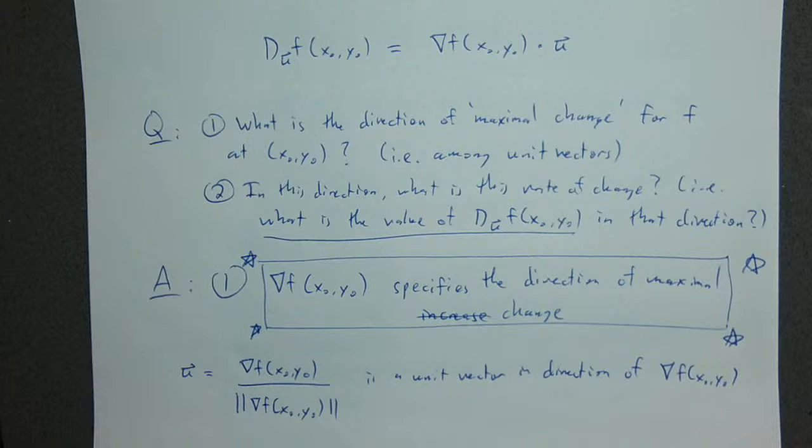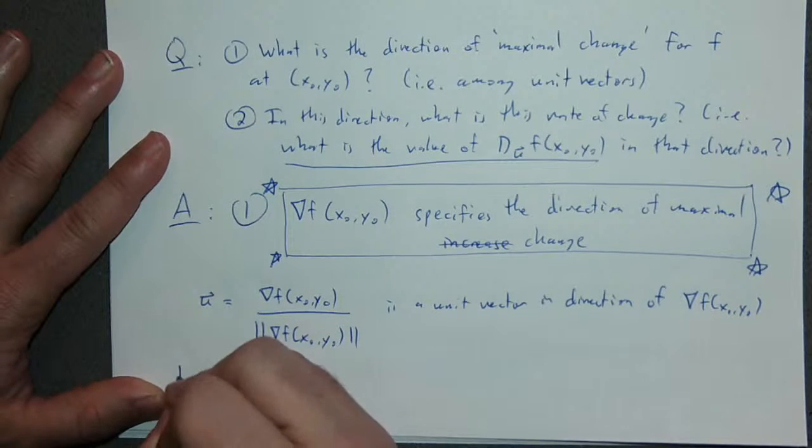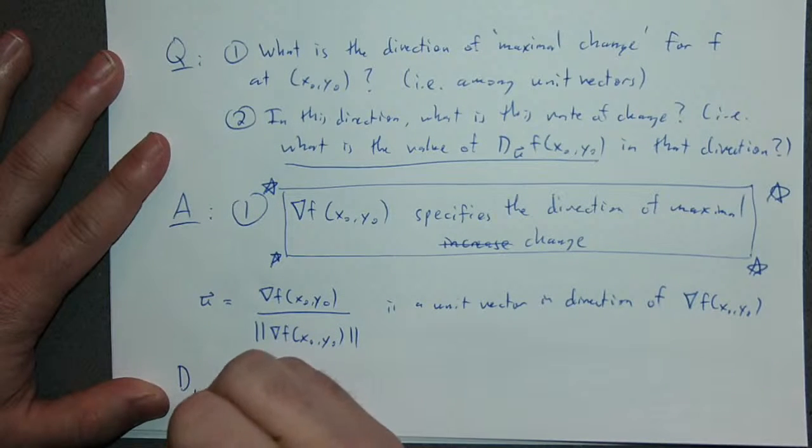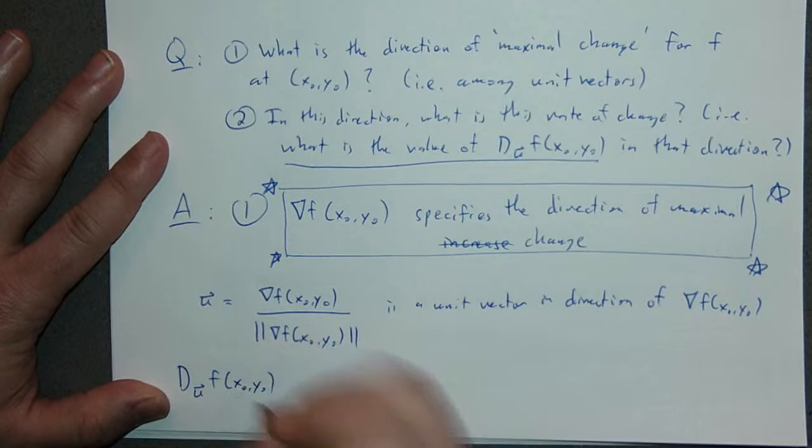Which means I can compute the directional derivative in this direction. If I'm taking as true that the gradient specifies my direction of maximal change, I want to compute the directional derivative in the direction of u at x naught, y naught.